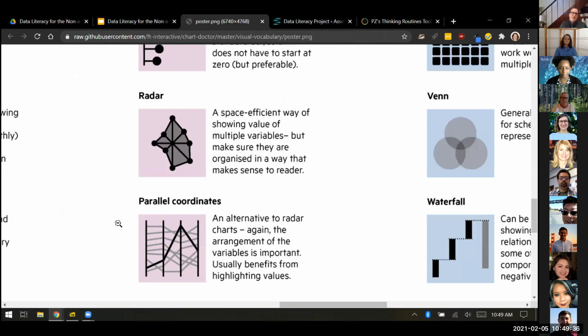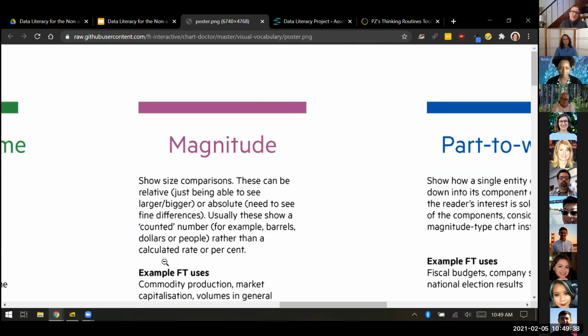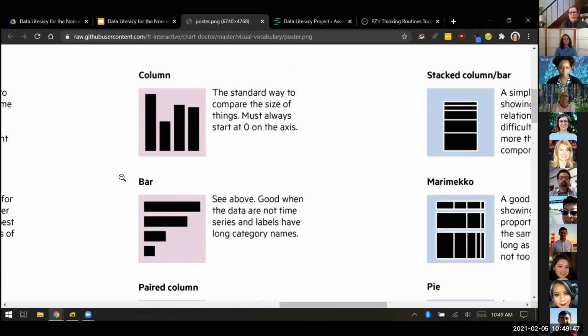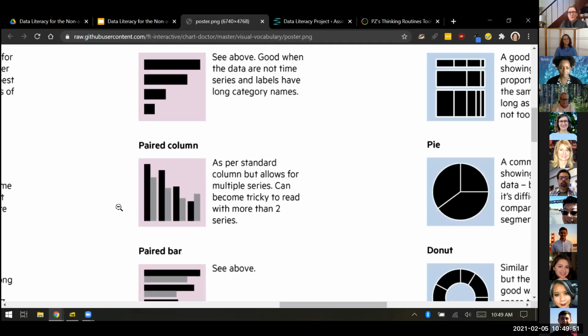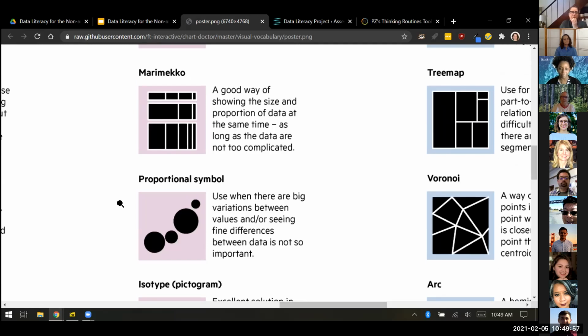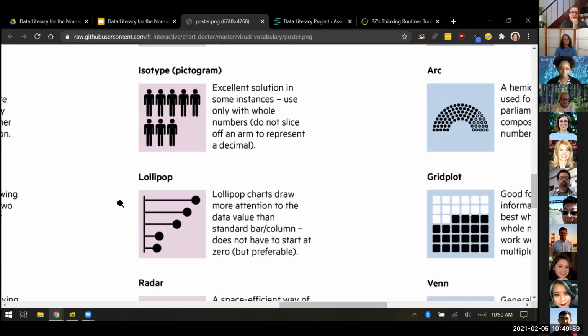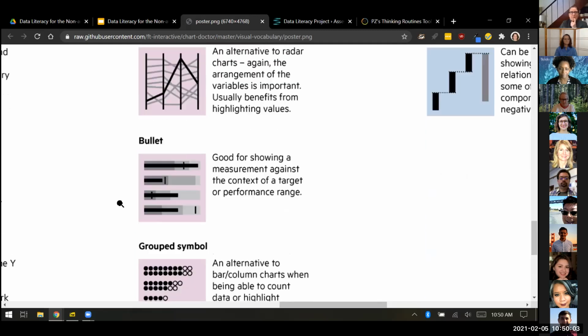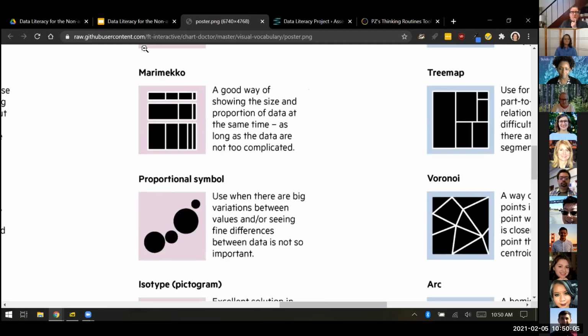For example, I'll randomly choose magnitude. For size comparison, there's a whole blurb about best practices and when to use it, what kinds of things you're encoding with it, and the types that are available to you. You can keep going deeper and deeper on what's more appropriate for your data set than the rest. But there are all the different kinds of charts you can use just for that idea. So this is very cool and helpful.